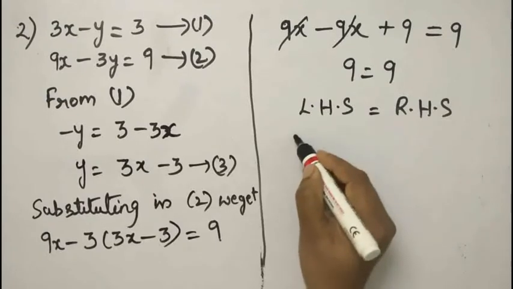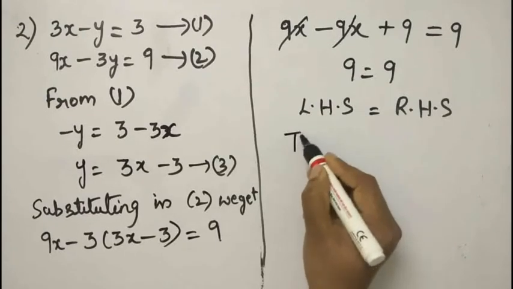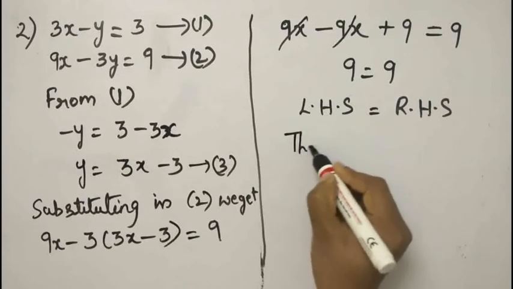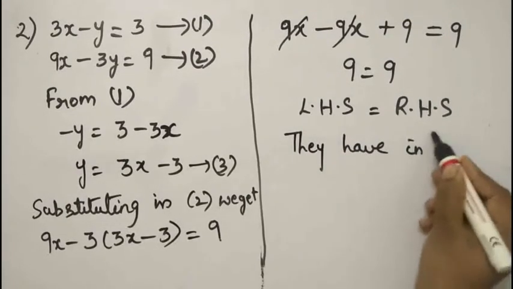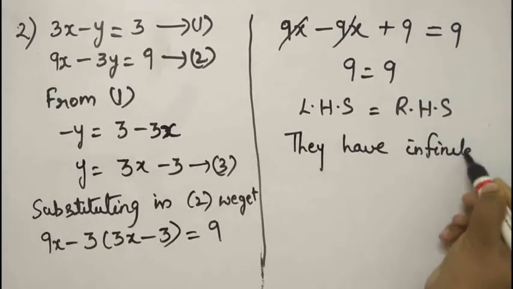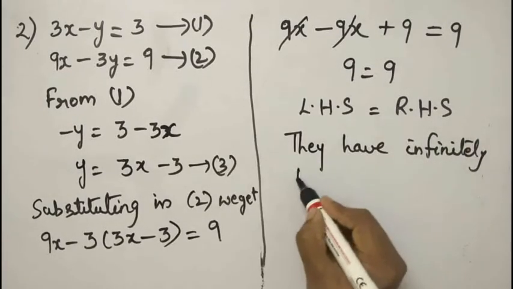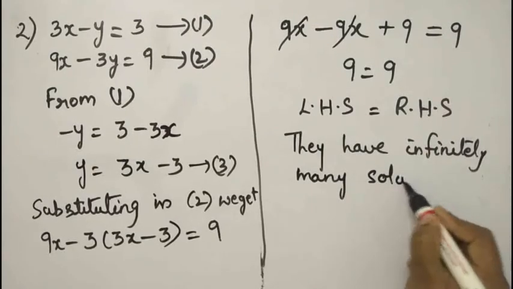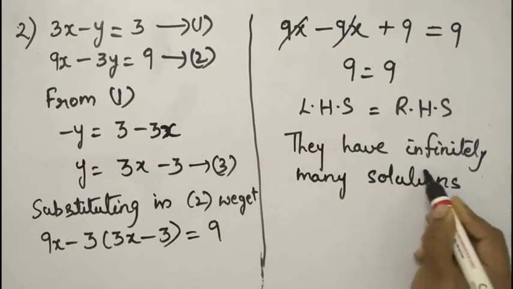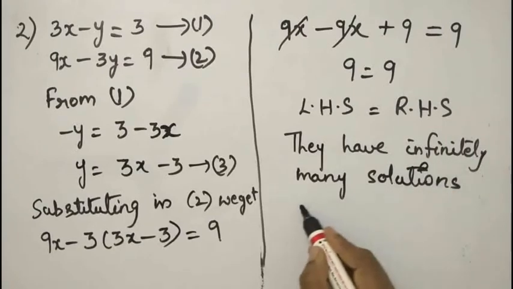This means they will have infinitely many solutions. The pair of linear equations will have infinitely many solutions and they are coincident lines.